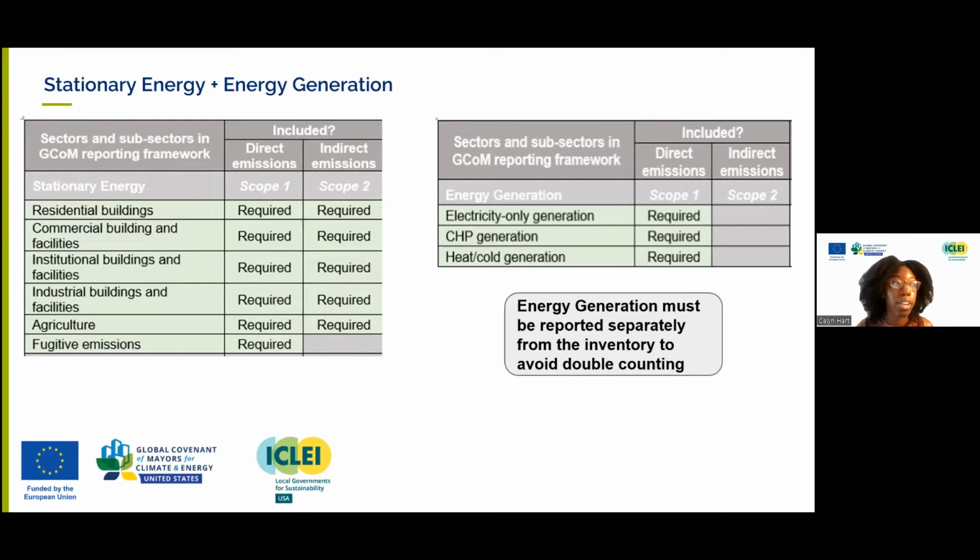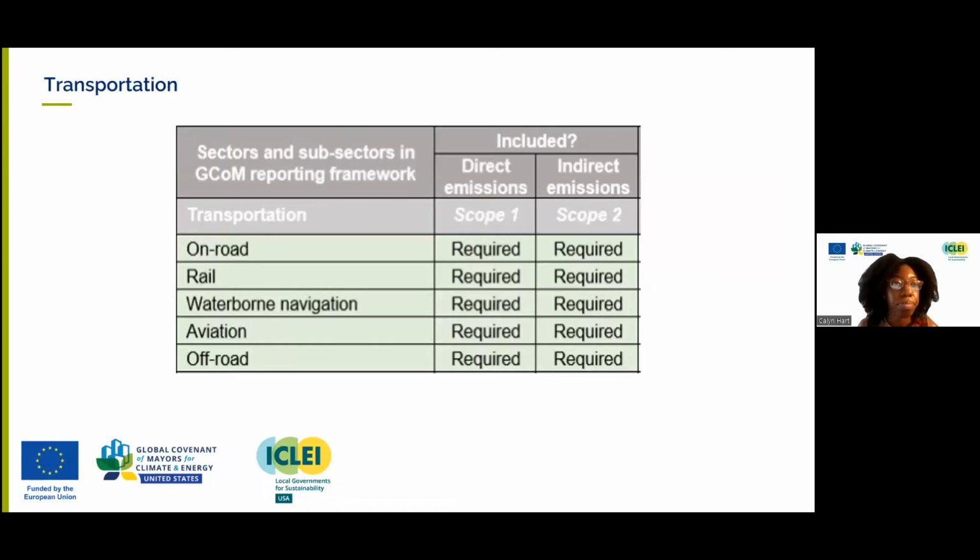This is for a city that has any ownership or partially owns an energy generation facility; you'll want to make sure that you are including this in your reporting. If you are a city that does not own or partially own an energy generation facility, you don't have emissions for that, so just make sure that you are using that notation key when you are reporting to GCOM.